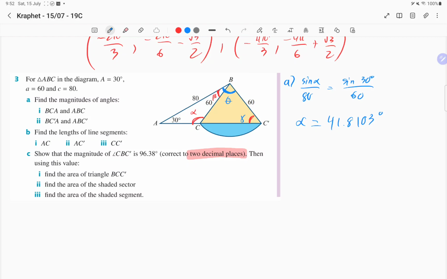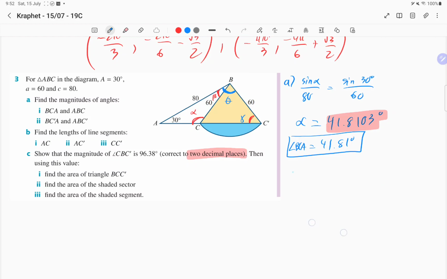That gives 41.8103 degrees. We'll write it as 41.81 degrees to 2 decimal places as part of the answer, or angle BCA equals 41.81. That's the conclusion, but the number we use for any other calculation is the more precise one.